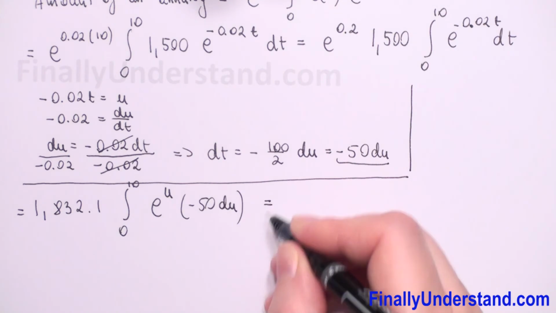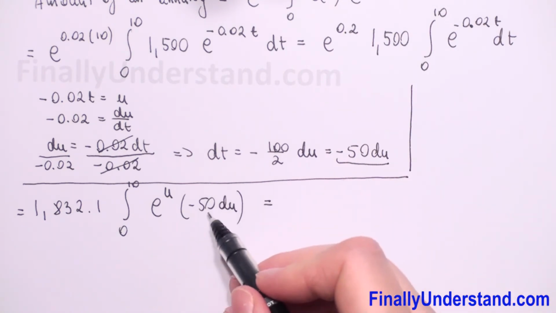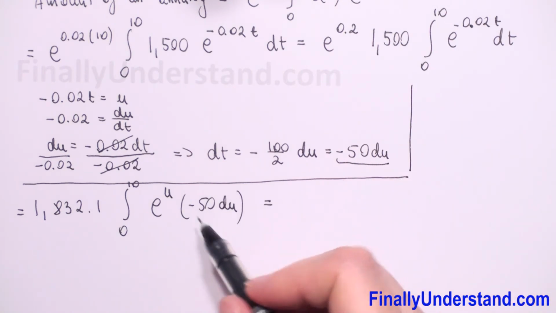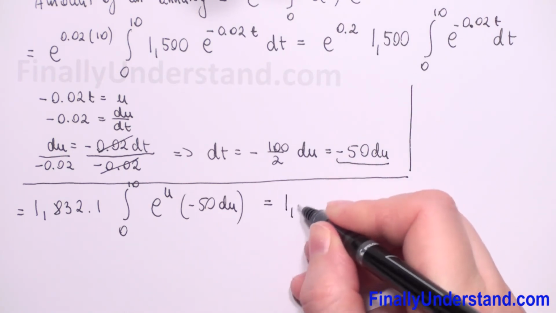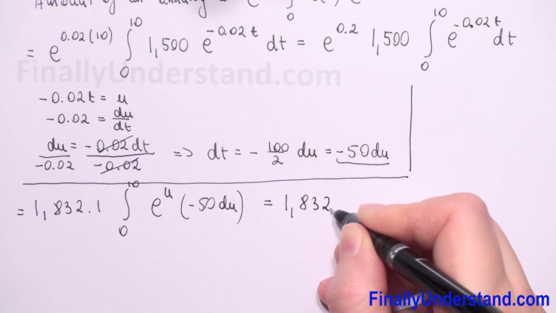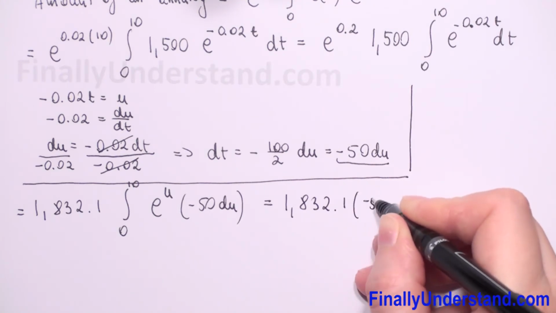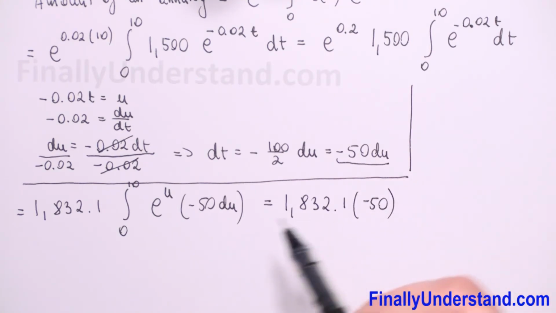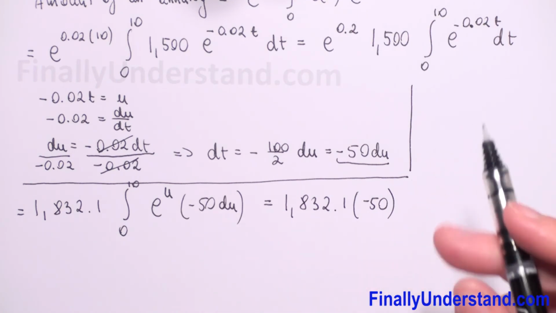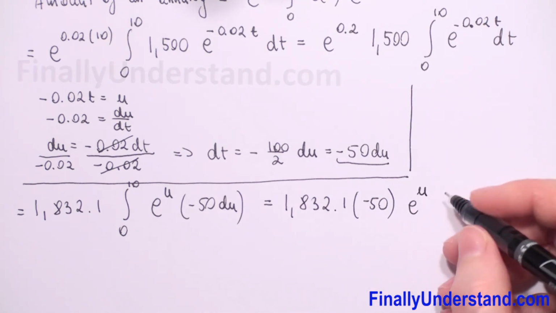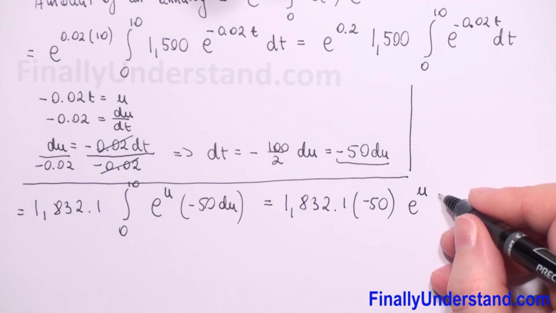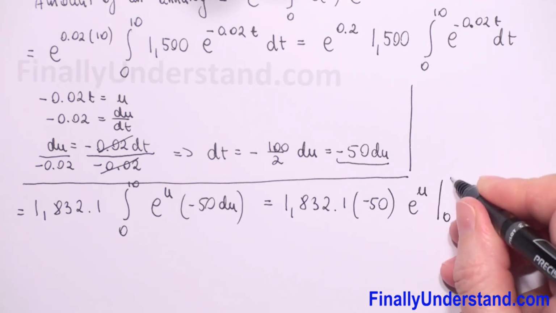So this is equal to negative 50, which I can put before the integral symbol, so we will have 1,832.1 times negative 50. And the integral of e to the power u with respect to u is e to the power u, with limits from 0 to 10.